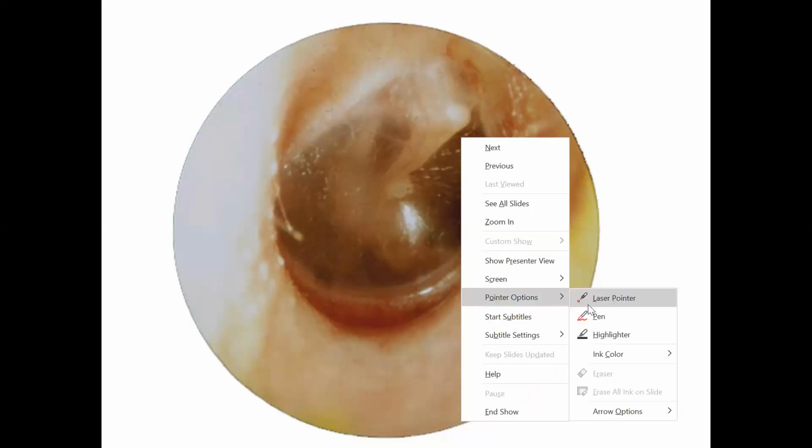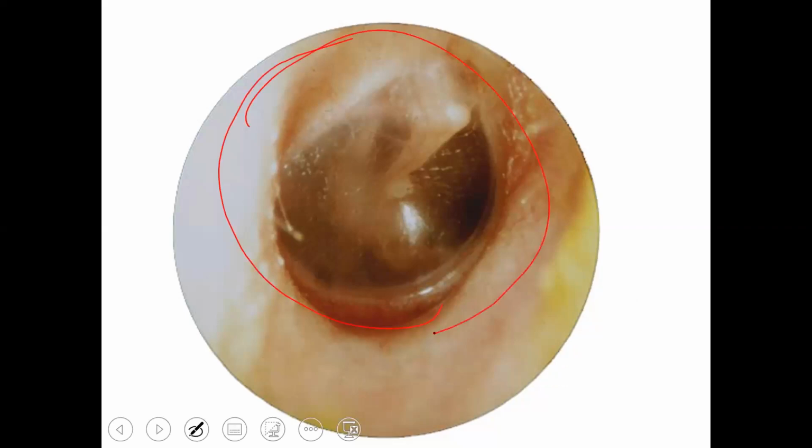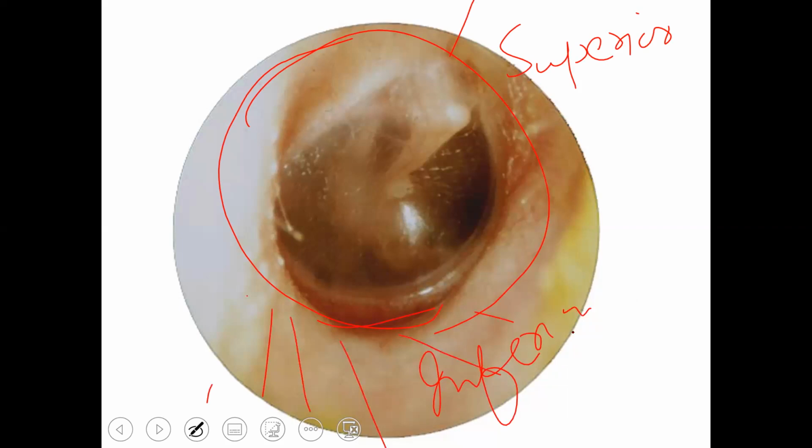So we can take a pen option here, and this is the tympanic membrane. This is the superior part for anatomical orientation, and this is the inferior part. The outer or lateral part is obviously the external auditory canal, and this central picture is nothing but the tympanic membrane itself.